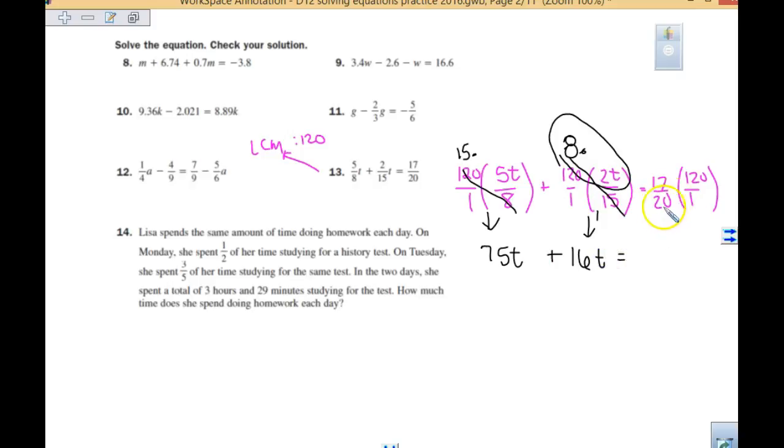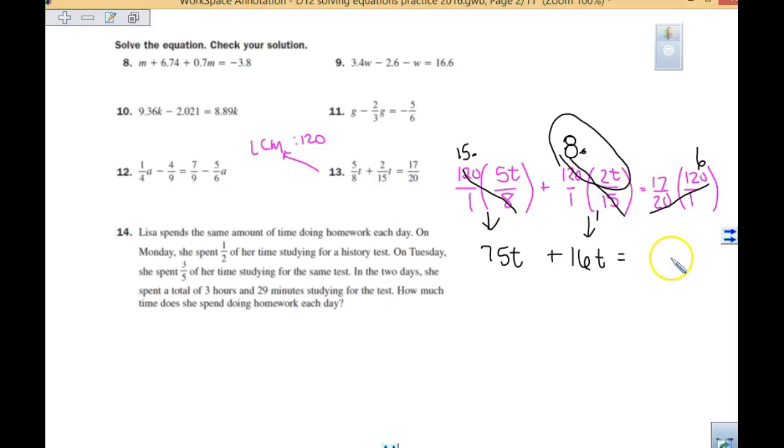And then we have 20 goes into 120, and it goes in there 6 times. And we're taking 17 times 6. Multiply what you get. 102. So you get 102.